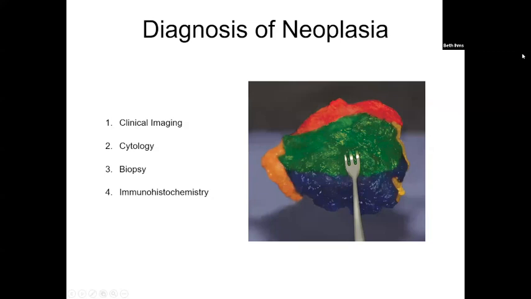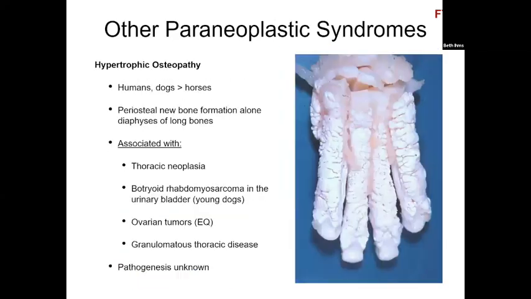Any questions on paraneoplastic or neoplastic effects? Paraneoplastic effects occur secondary to neoplasia. This one also occurs secondary to granulomatous thoracic disease. Oh, so this one is kind of an exception.